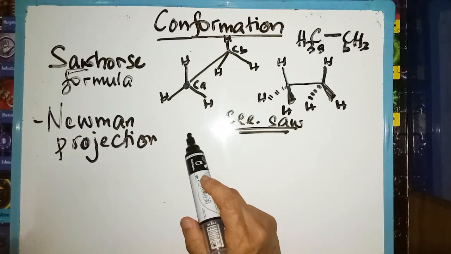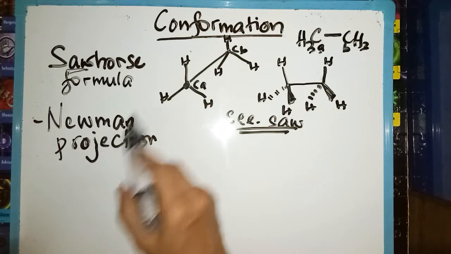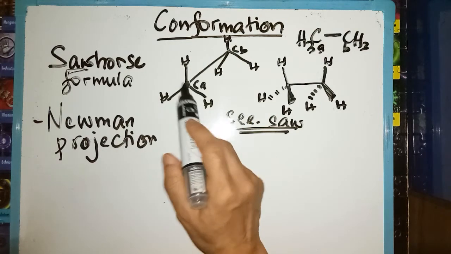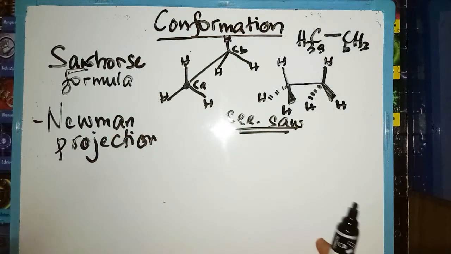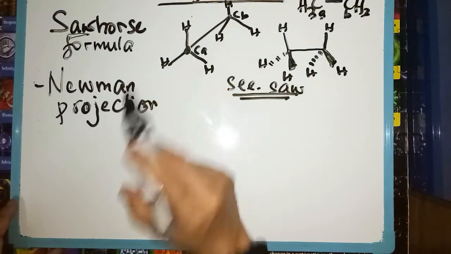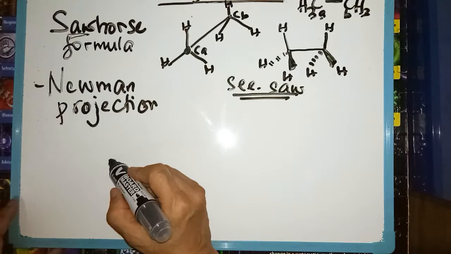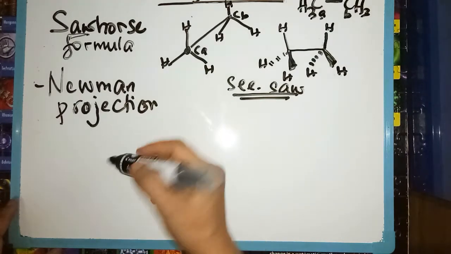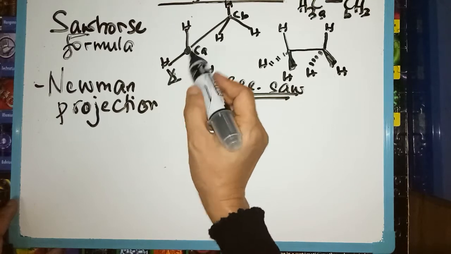Now Newman projection is about writing this particular sawhorse from one point of carbon. So if I want to write Newman projection, if I take this formula, I will write it so that I see CA very near to me, because I'm standing, my eyes looking at this point here.